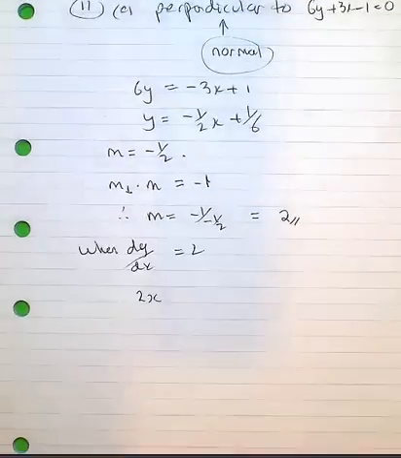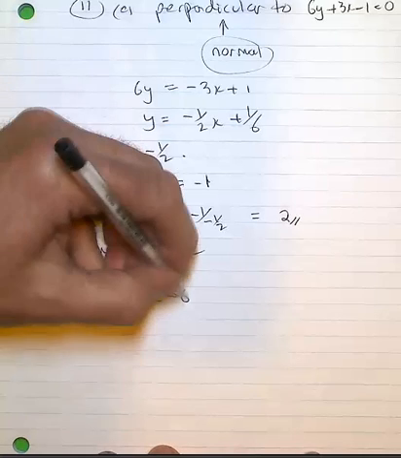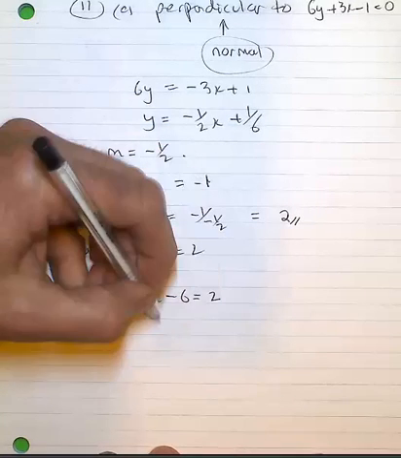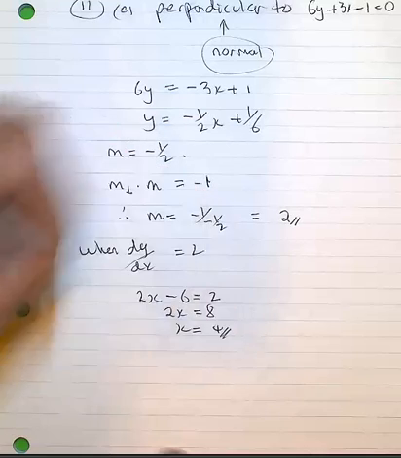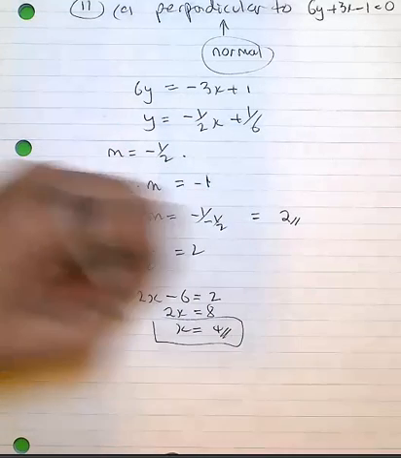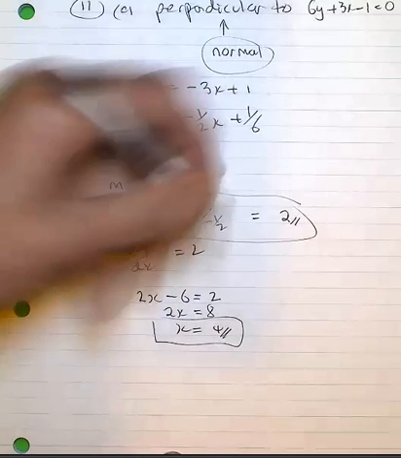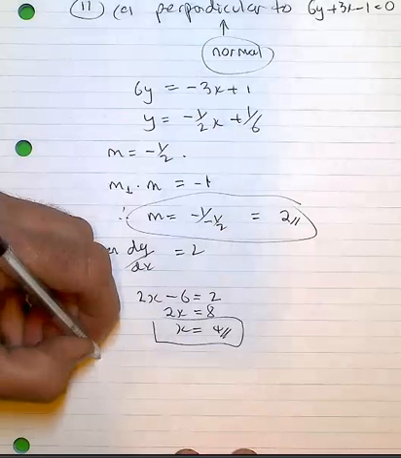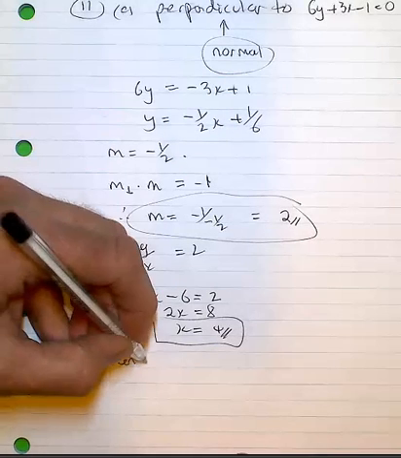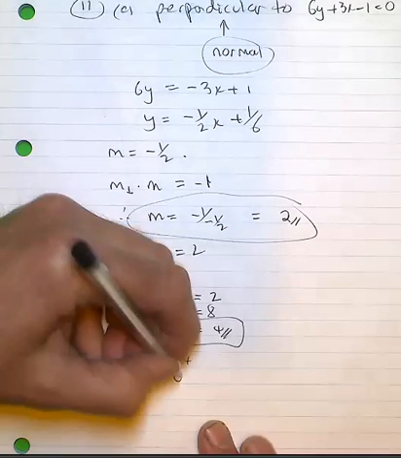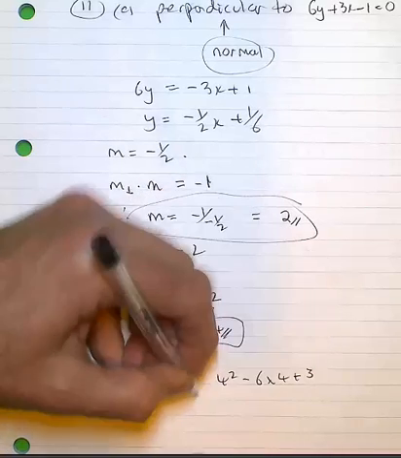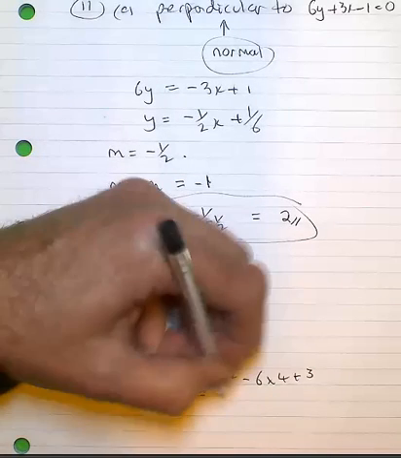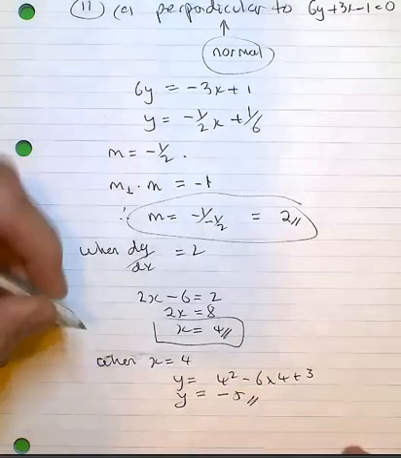So when the derivative is equal to 2, I've got 2x minus 6 is equal to 2, and x is equal to 4. So I've got the gradient, x is 4. I'm now going to substitute into y. And y ends up being negative 5.